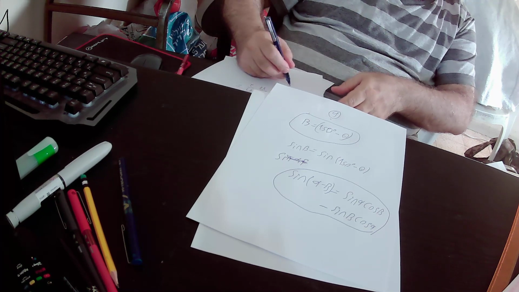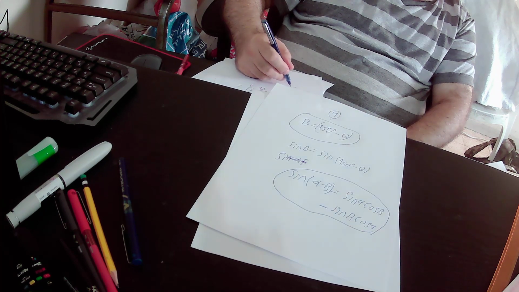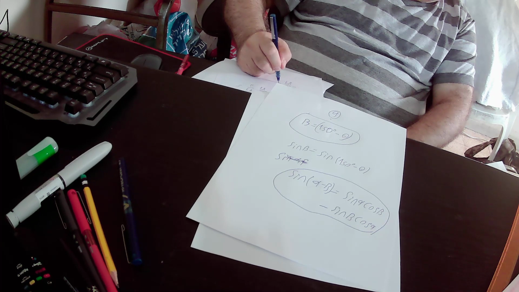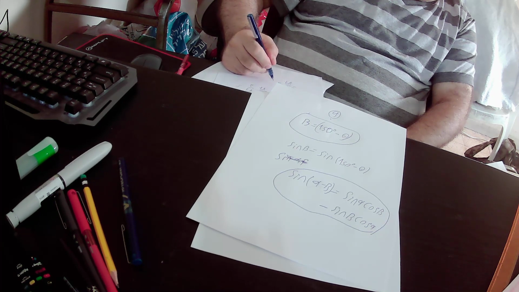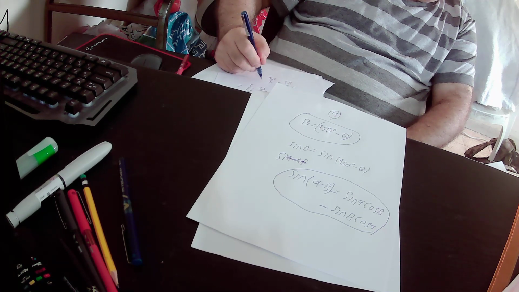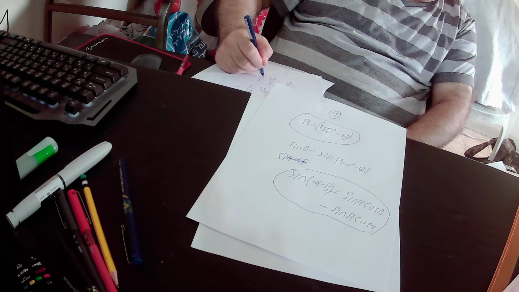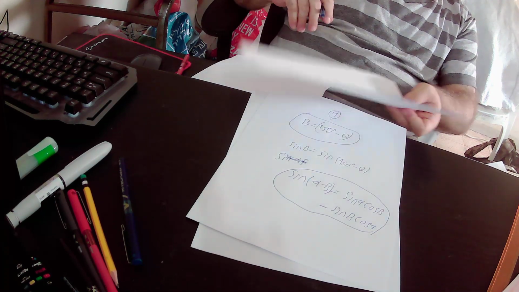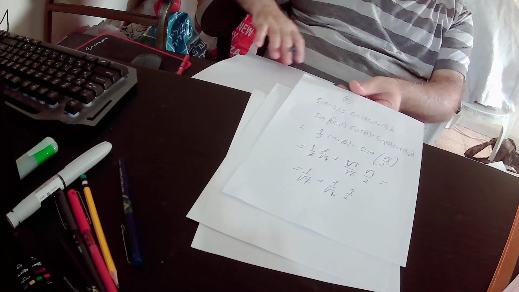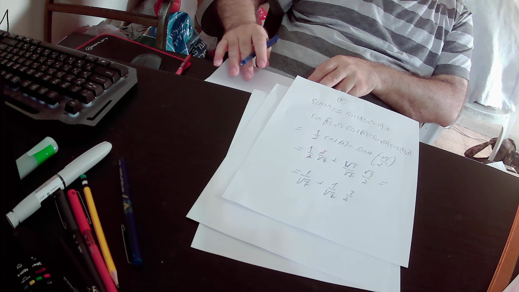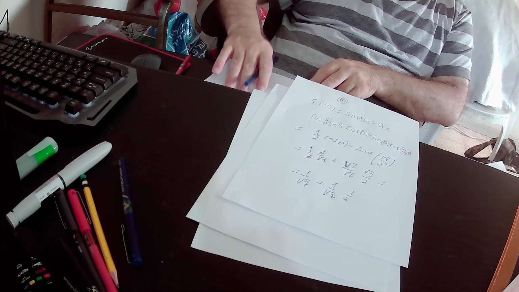We got actually that 1/root of 7 plus 1/root of 7 times 3/2.